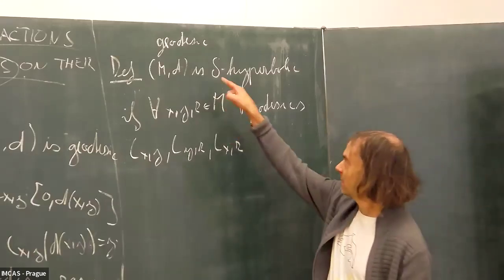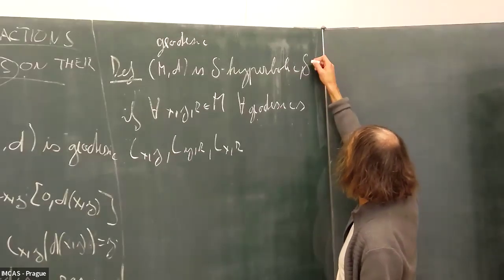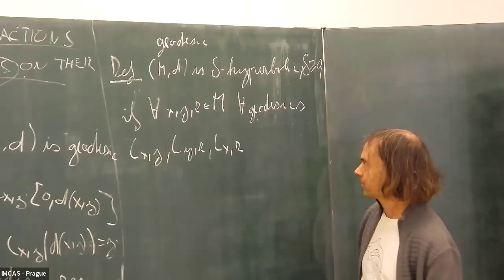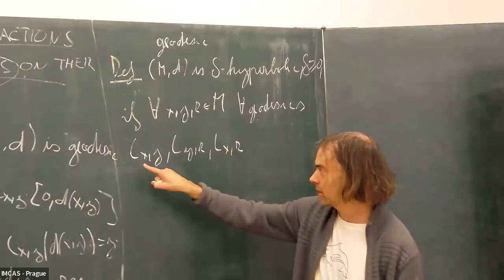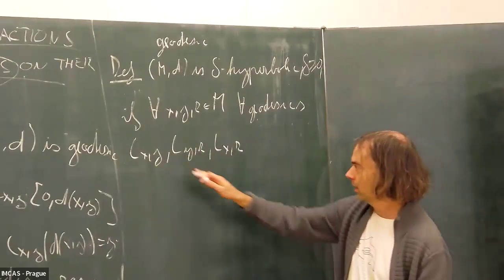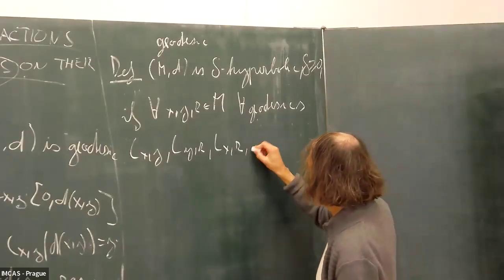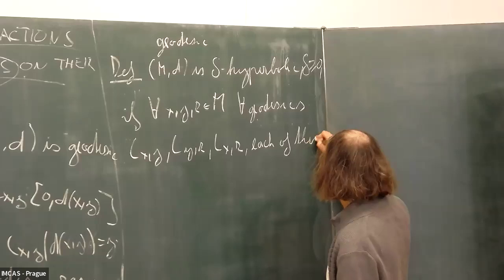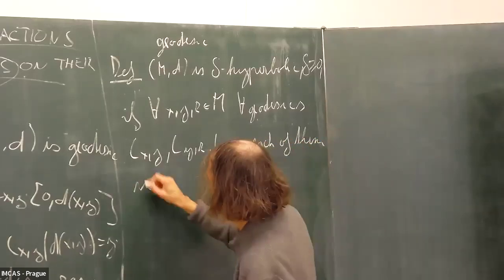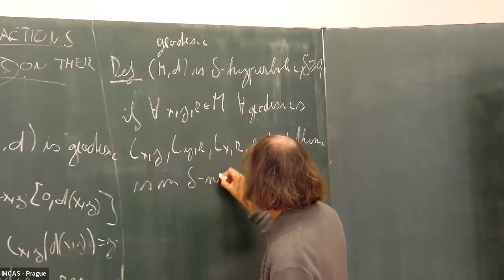So a metric space is delta hyperbolic, where delta is greater than or equal to 0, if for every three points from M and for every geodesics connecting these three points, each one of them is in the delta neighborhood of the other two.